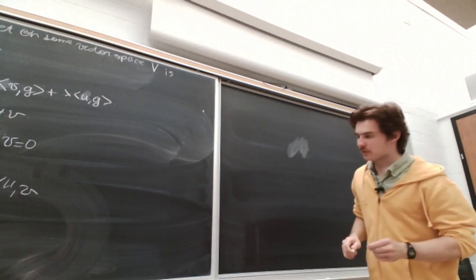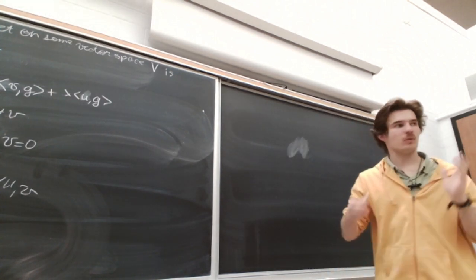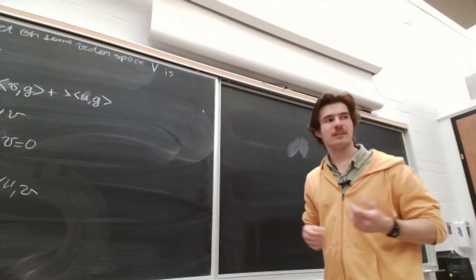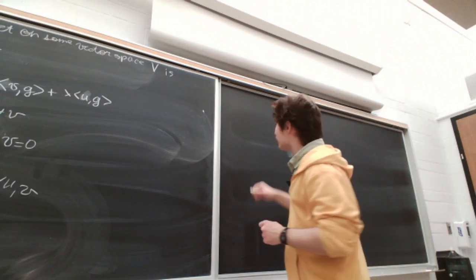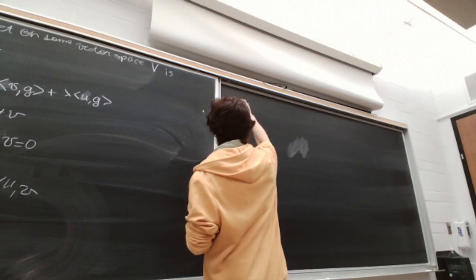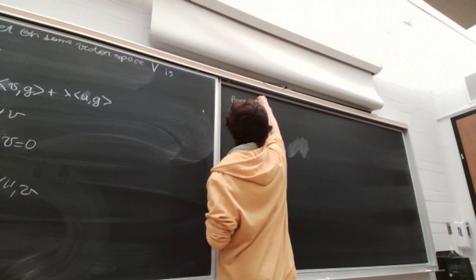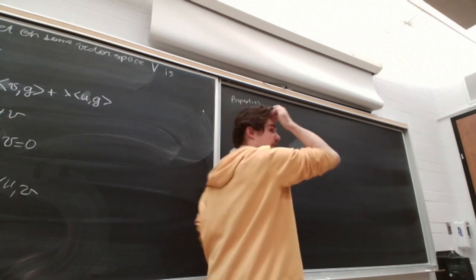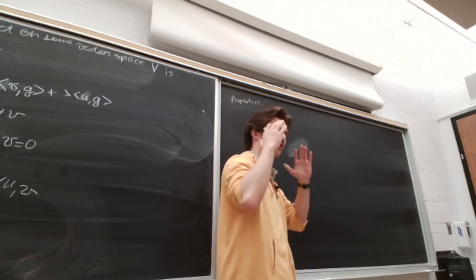Okay, so let's first prove one property. There are many properties, but we'll prove one. You can read Axler to really do all of them, but almost all of them are just trivial things.